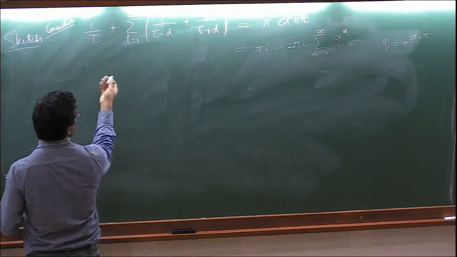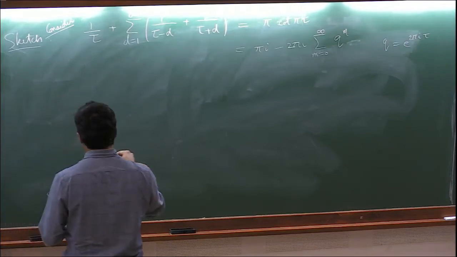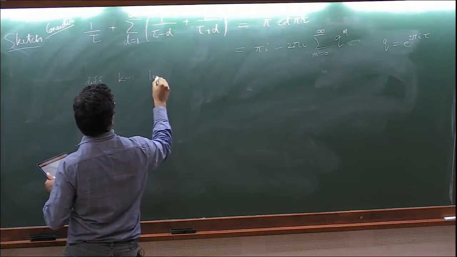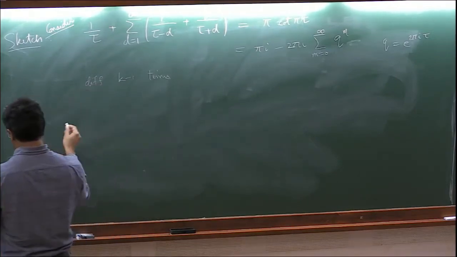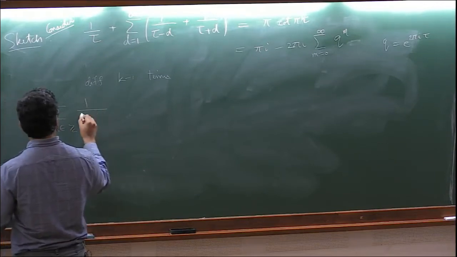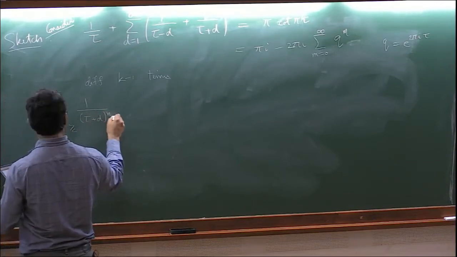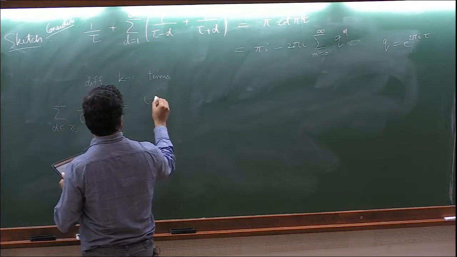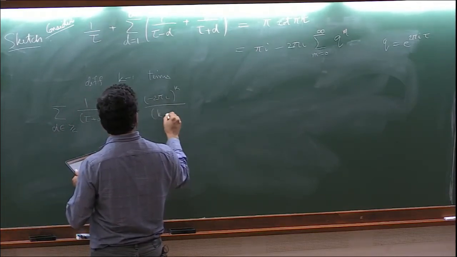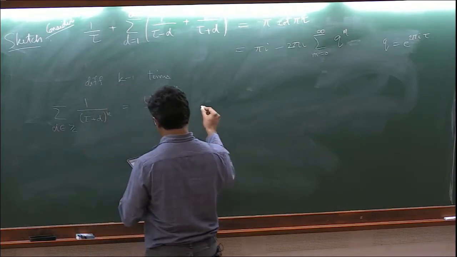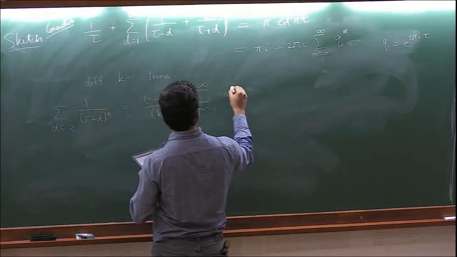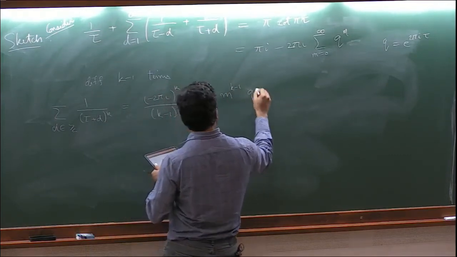Okay, so you differentiate this k minus 1 times, and you get the summation over d in Z of 1 by tau plus d to the k equals minus 2 pi i to the k over k minus 1 factorial, times the summation m going from 1 to infinity of m to the k minus 1 q to the m.